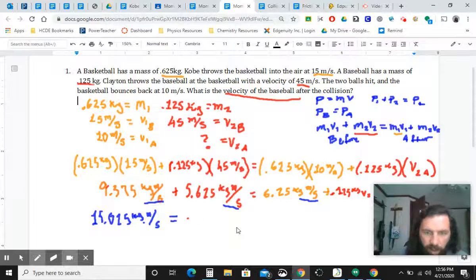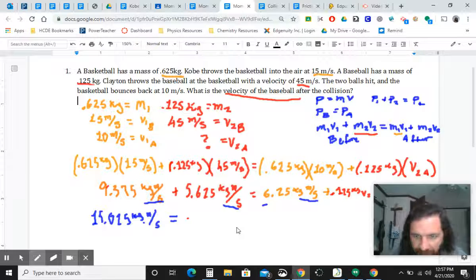Equals. Okay. Now, over here, we can't really combine them, right? So we could just write this down again, but what we're going to have to end up doing is start thinking about algebra. I want to get V2 by itself, which means I got to get rid of everything else, and we've got to work our way from the outside in. So I need to get rid of this 6.25.